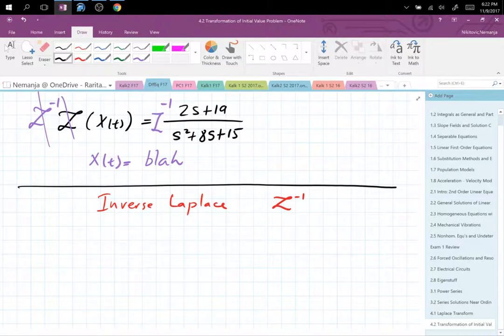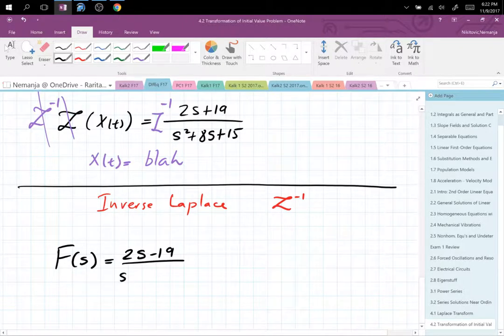And then I'm going to continue working on my problem from before. So F of s is equal to 2s minus 19 over s squared plus 8s plus 15. Yeah, I hate these s's, you know, it's the same as 5, so deal with it, all right?